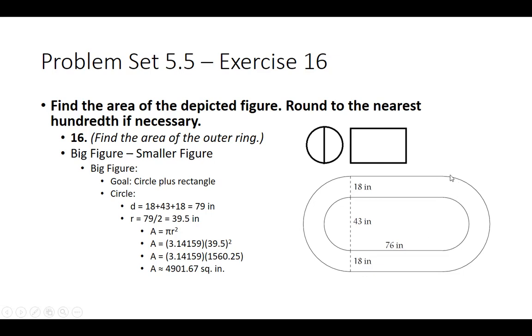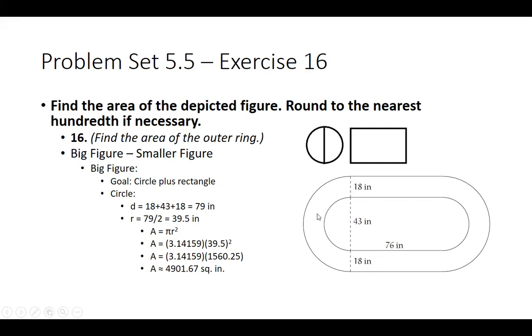We can imagine that we could also split on the right side of the figure the same way, giving us the left half of a circle and the right half of a circle. We have this twice as a big figure, the big round ring, and a small figure, the small round ring.